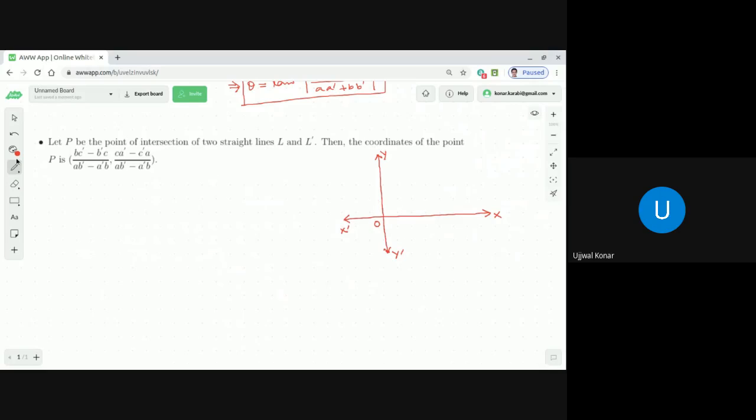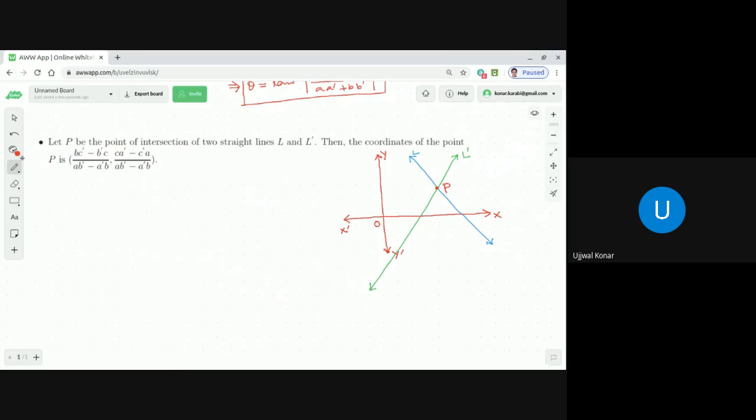So now we have two straight lines as we are representing in blue for the L, and the green for the L dash. So suppose this is L dash. So now the point is that they actually intersected at a point. We need to find the point of intersection. Suppose P be the point of intersection of these two straight lines L and L dash.